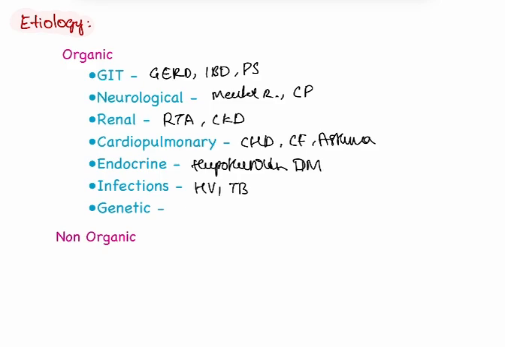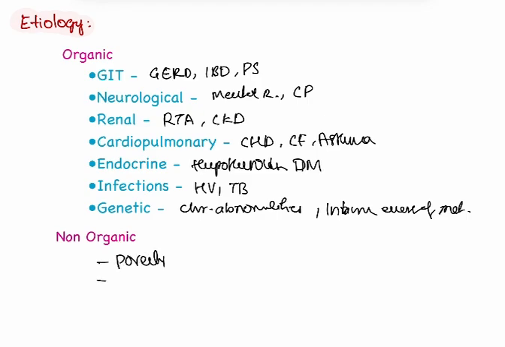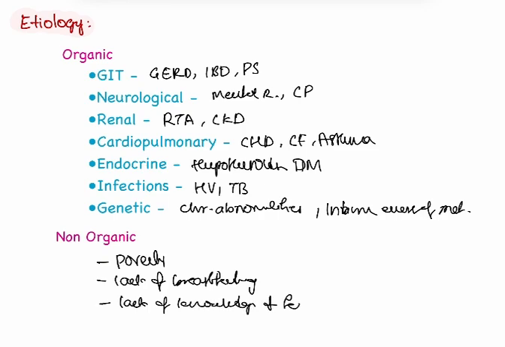The genetic causes are chromosomal abnormalities and inborn errors of metabolism. The non-organic causes are poverty, lack of breastfeeding, lack of knowledge of feeding and nutrition.